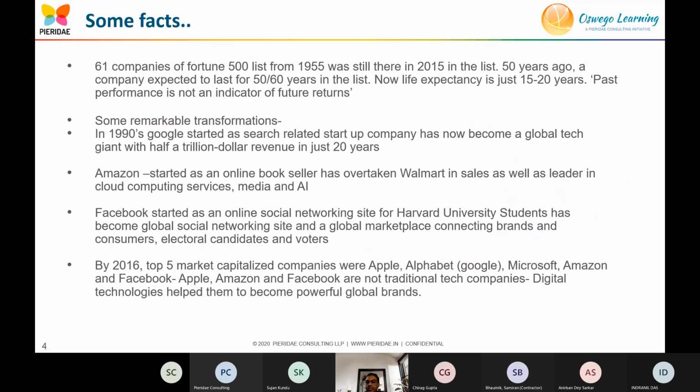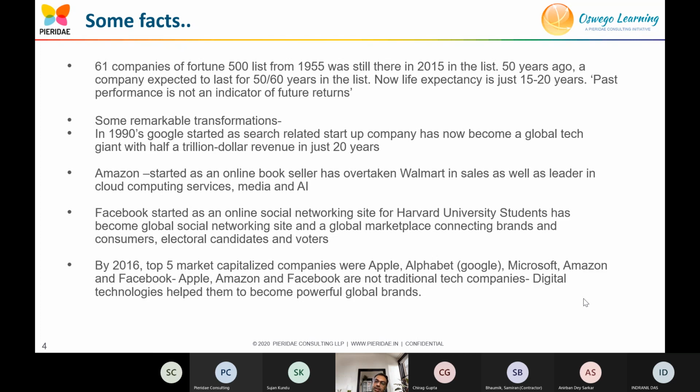Let us look at some data points, right? If you go back to 1955, there are around 61 companies in the Fortune 500 list which were present in 1955 and are still there. Not still, it's a bit old data, meaning from 2000 till 2015, those companies were there.